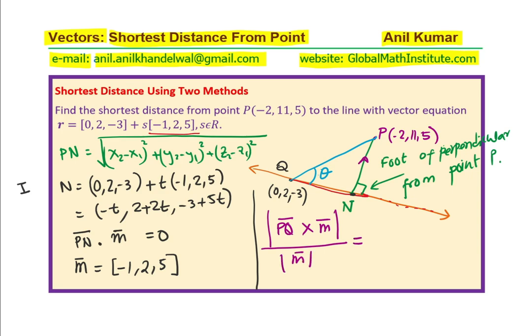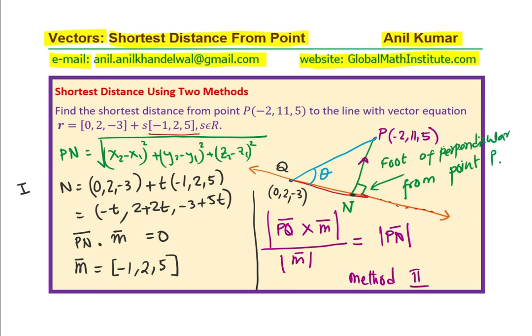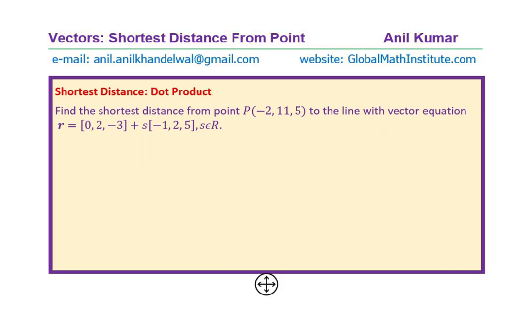So that will also give you the distance from P to n. Does it make sense? And that is method 2. So I hope the procedure is absolutely clear, right? Let's see, how do we find the solution for this particular problem? A general solution, I hope, is absolutely clear. But the example always helps, right?